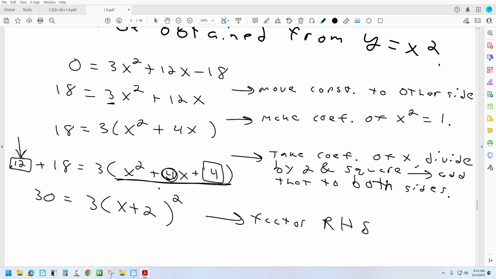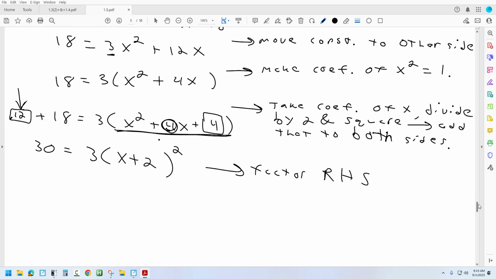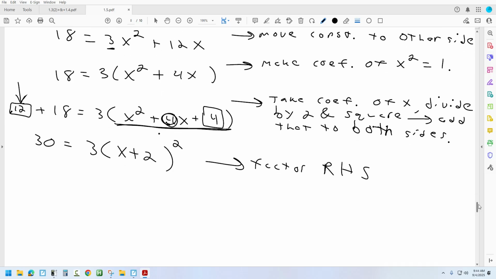And now the last step is put the 30 back on the other side and make it equal to y again. So it's 3 times x plus 2 squared minus 30.